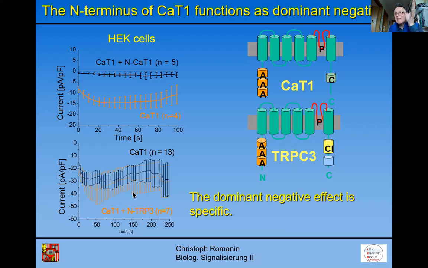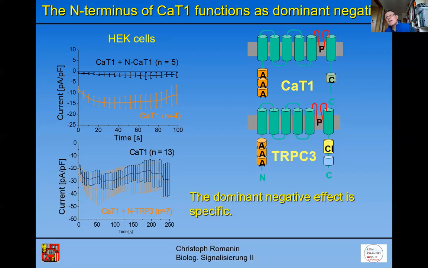But that has been tested here to really show that the amino terminus of CAT1, or TRPV6 actually, as it's called, because it belongs to the same superfamily of TRP channels, is indeed specific to CAT1. Because when we co-express the CAT1 channel with the amino terminus of TRPC3, which you can see here, on the level of domains it looks pretty similar, but on the level of interaction you can see the amino terminus of TRPC3 is not able to inhibit CAT1 derived currents.